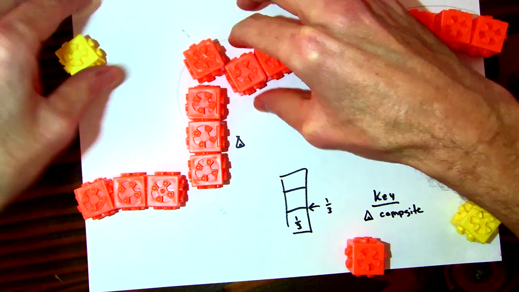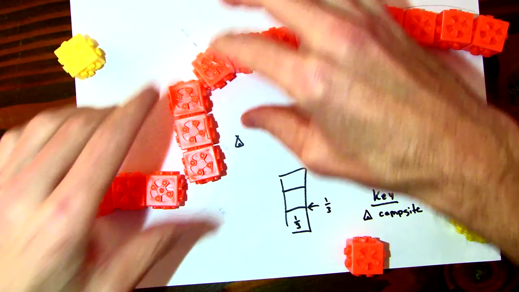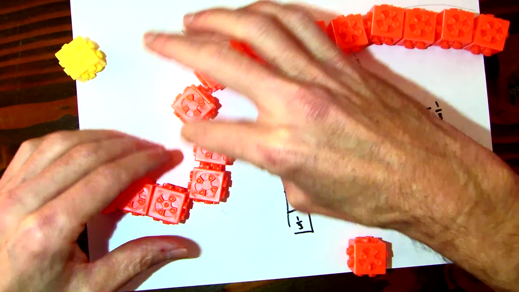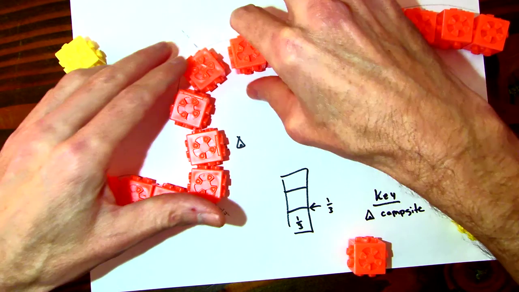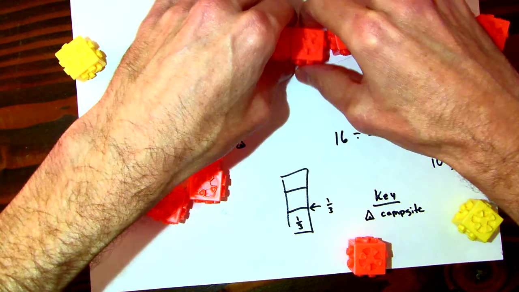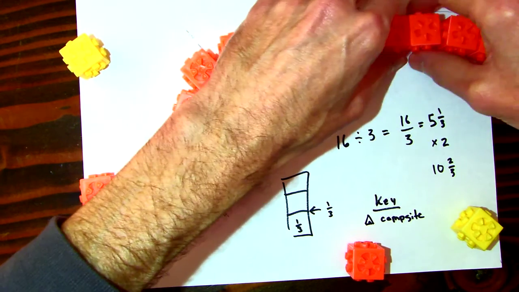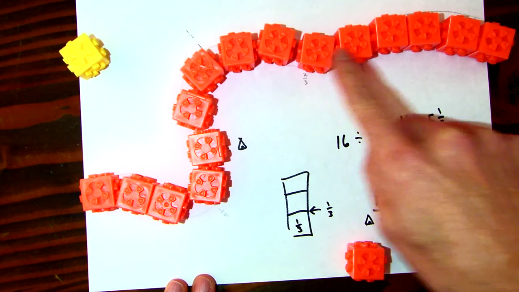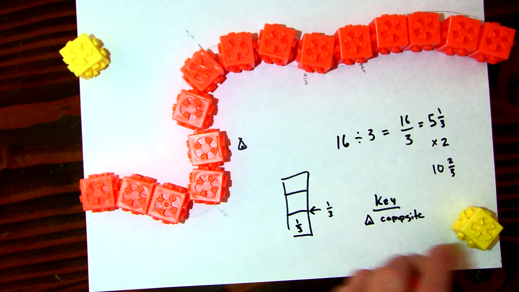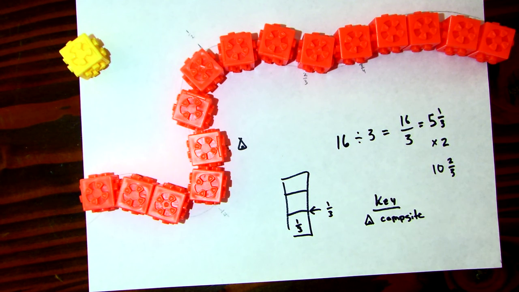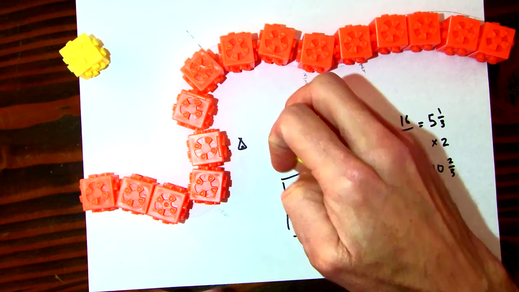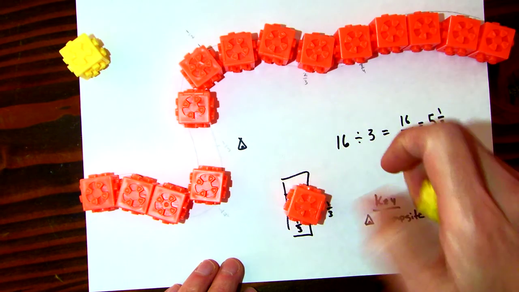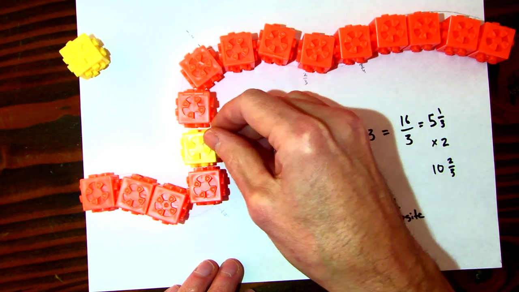I could do that thing where I was kind of going in between on one of the cubes and I was just sort of estimating, but I could also do it a different way. I could do it like this, where, let's just make sure I have 15. So 3, 3, 3, 3, 3. Okay, so if I want to do thirds on 15, 15 divided by 3 is 5. So every 5 is going to be a third. So now this is my third to the end of that guy.